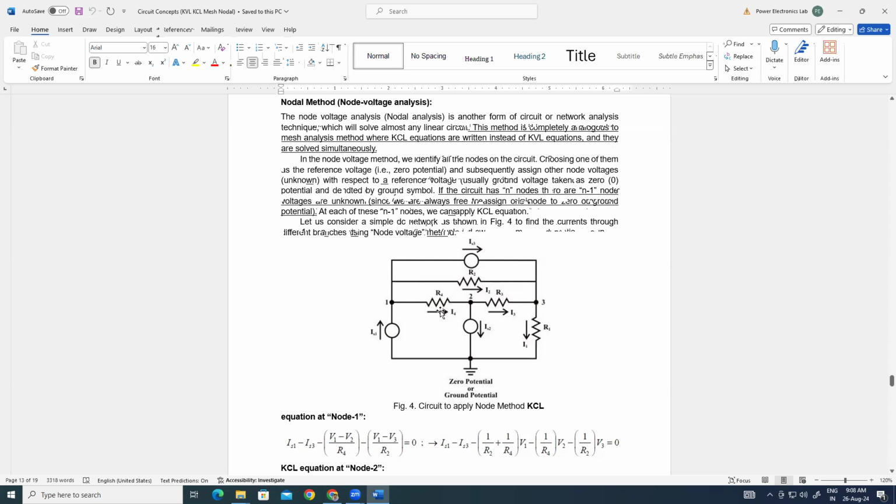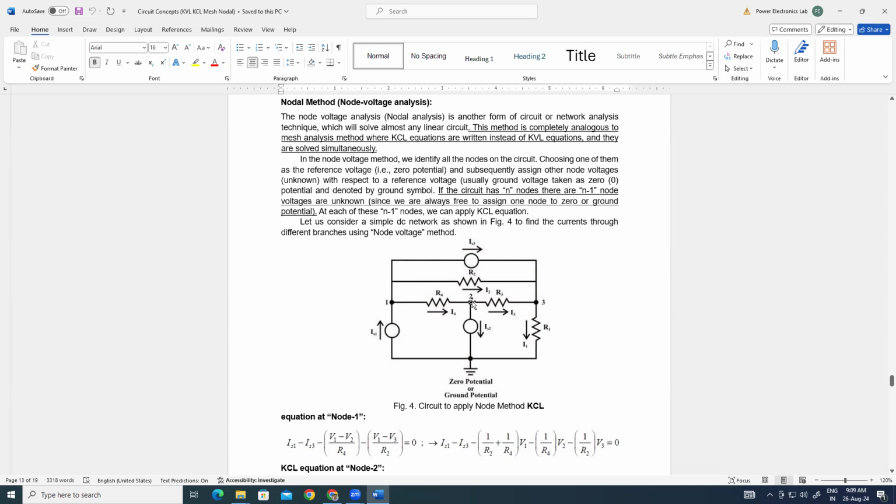By writing the current directions here, you can see that in all branches the current direction is denoted. Based on the current direction, which you can assume as per your own, you have to write KCL equations. The idea is to assume node voltages at each node. This is node 1, so node voltage V1 you can assume.